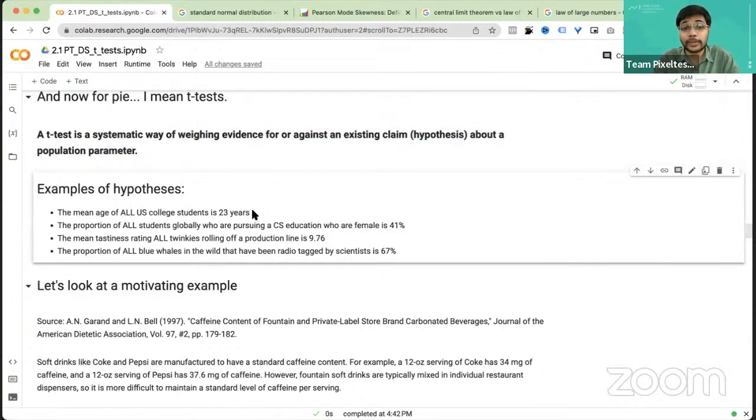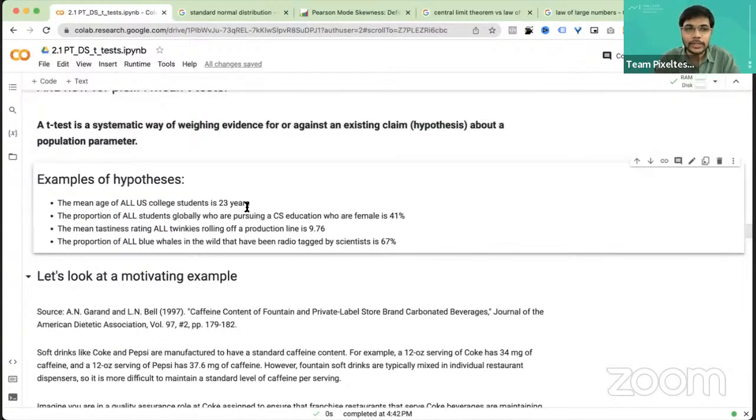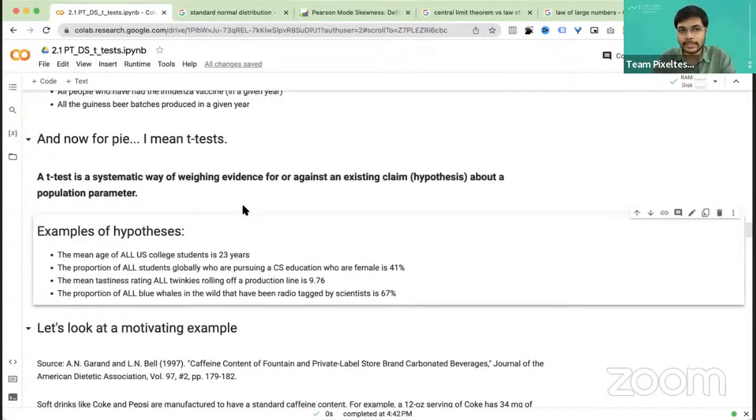It is an assumption that we are making. So a t-test is a way of weighing evidence for or against this claim that one person or an agency is making. It is a way to put out evidence in favor of or against a claim.